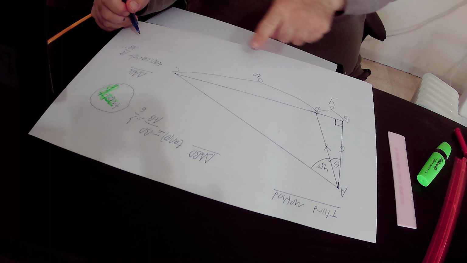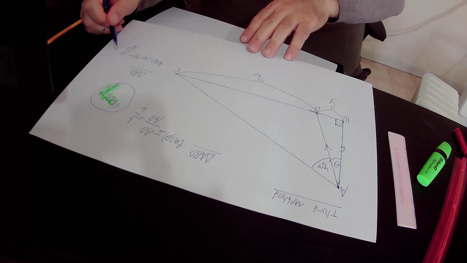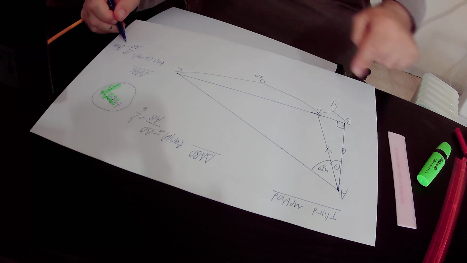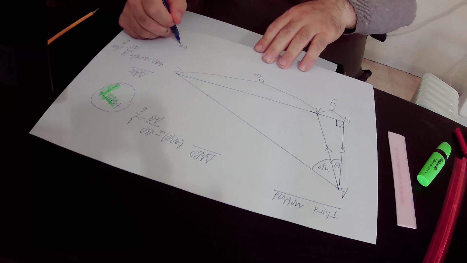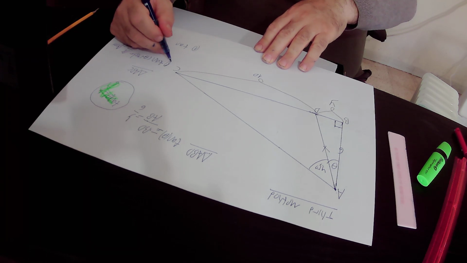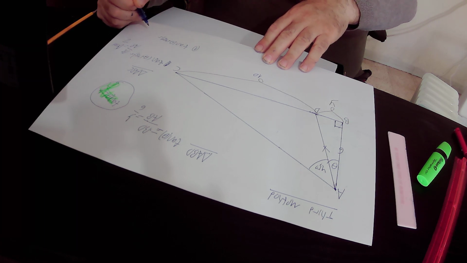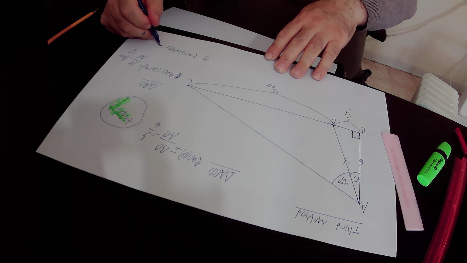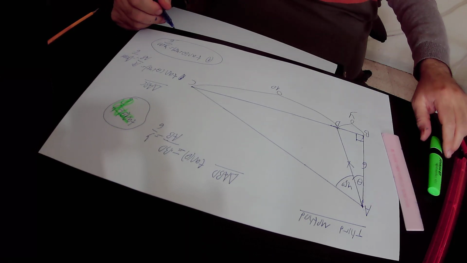It is very easy to see that BC equals Y plus 10 and AB equals 6. So in conclusion, we found out that tangent theta plus 45 degrees is equal to Y plus 10 over 6. Okay, this is equation number 1.